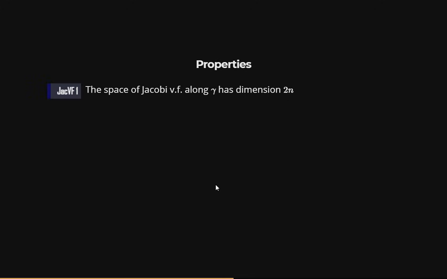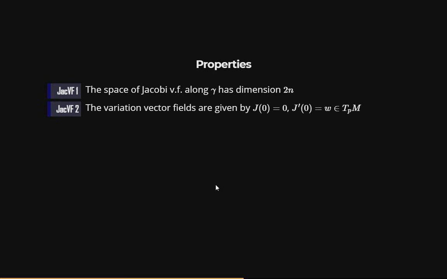Now, it's a second order differential equation, so you can fix the value of j at the starting point of your curve and the value of j prime at the starting point of the curve. So you get that the space of Jacobi vector fields along a curve has dimension 2n. The variation vector fields for a family of geodesics are given by the conditions starting value equals 0 and starting vector equals some vector in the tangent space.